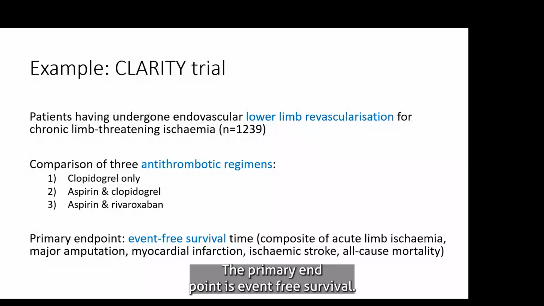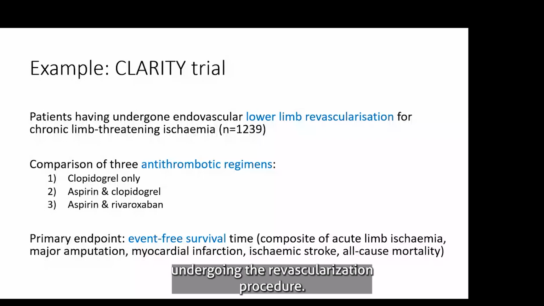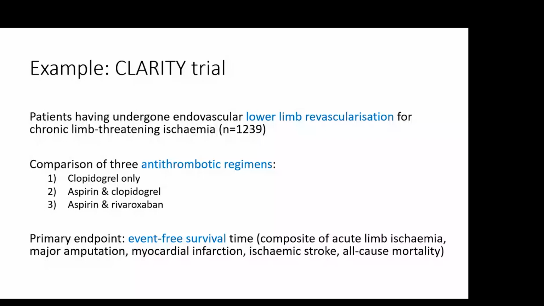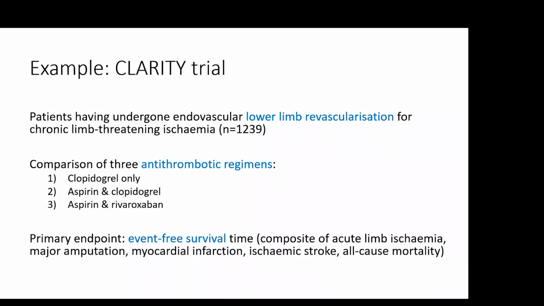The primary endpoint is event-free survival, so we want to see how long people survive after undergoing the revascularization procedure. And events are things like acute limb ischemia, amputation, heart attacks, ischemic strokes, and mortality.